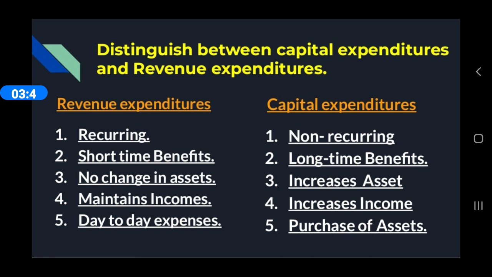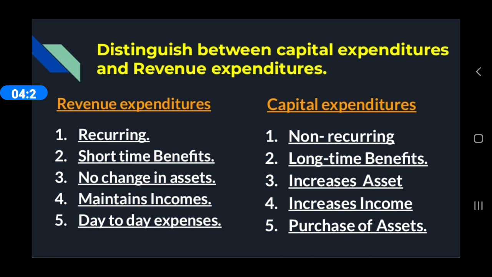The third difference is that there is no change in the value of assets because of revenue expenditure. But due to capital expenditure, the value of assets increases. That means you have bought an additional asset. That is called capital expenditure. The fourth is that due to revenue expenditure, the income is maintained, like whitewashing a cinema theatre, or doing some small repairs for machinery, furniture and building.